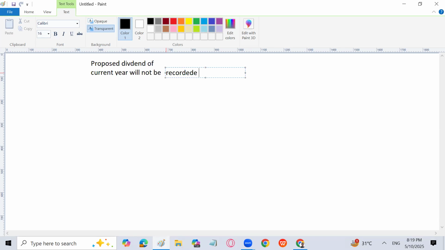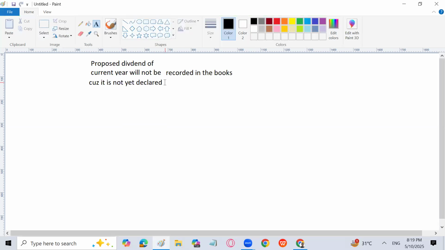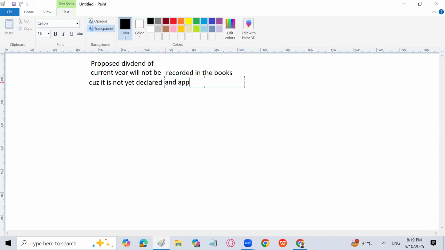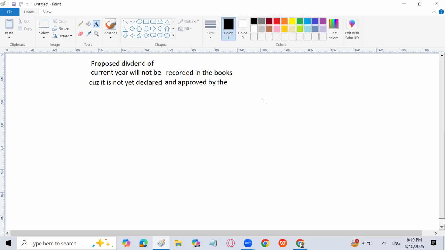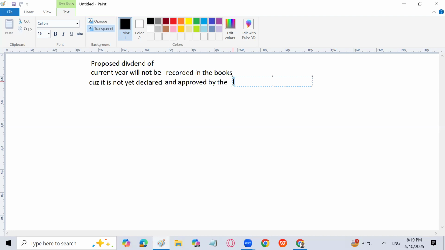Will not be recorded in the books because it is not yet declared and approved by the shareholders. It is not declared and approved by the shareholders in the AGM, annual general meeting.